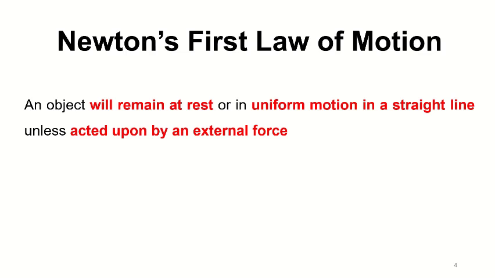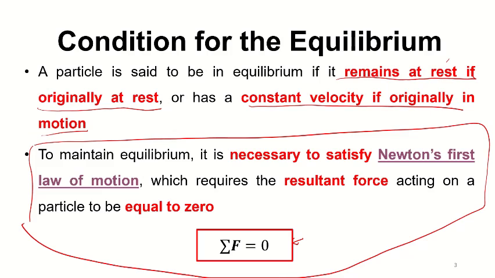As long as there is no external force acting on the particle, it will remain at rest or keep moving at a constant velocity. So it is necessary to satisfy Newton's first law to maintain equilibrium.